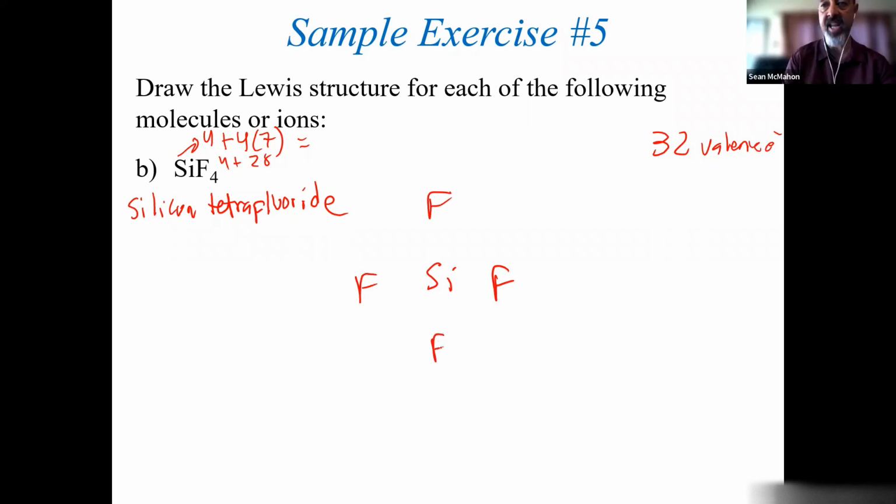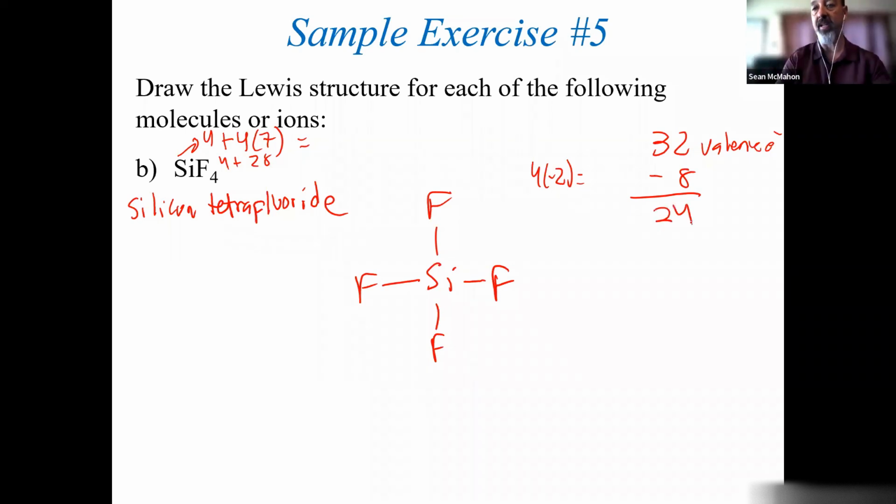First rule, I have to connect everything. 4 bonds, each bond has 2 electrons, 4 times 2. So subtracting 8, I have 24 remaining electrons. Next rule, I have to satisfy the octets of the outer atoms.